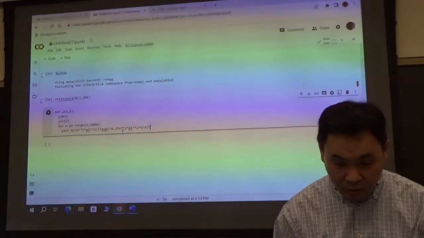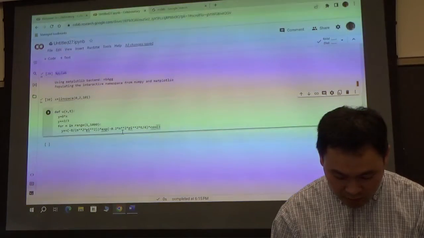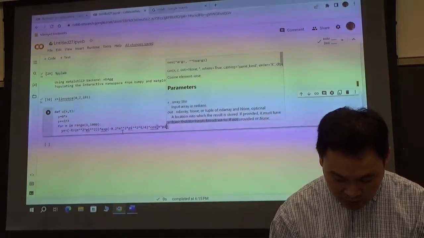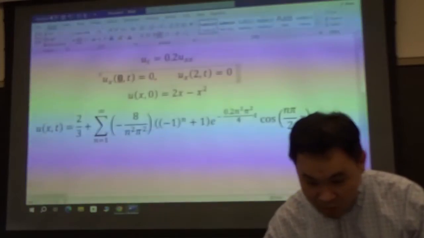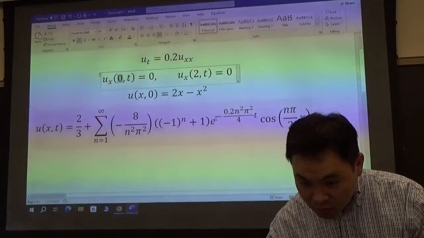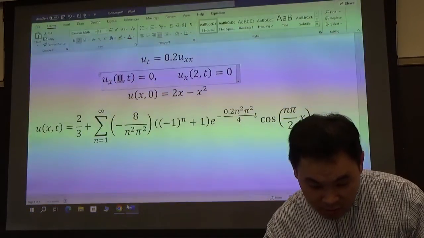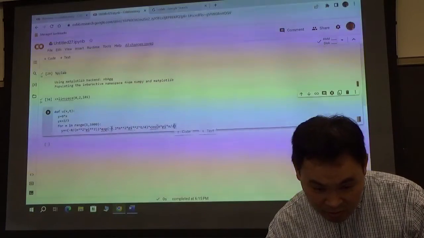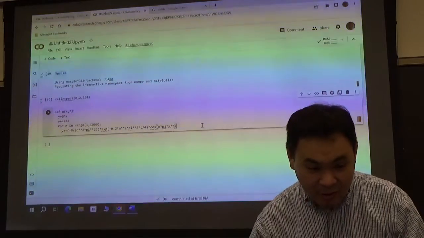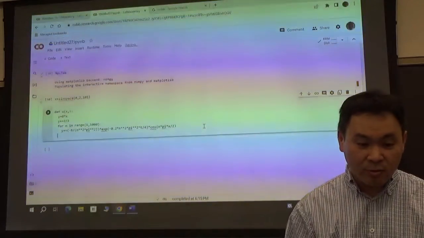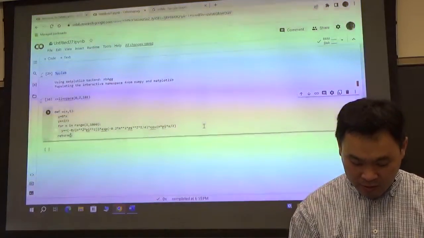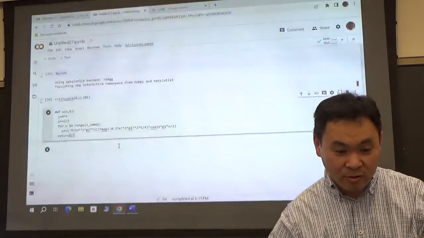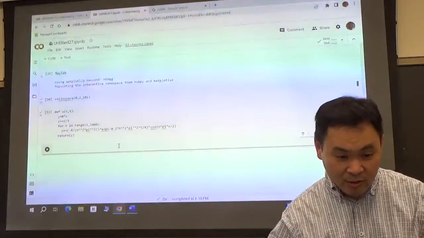Times cosine of n times pi times x divided by 2. I believe that's what it is. Yeah, n pi x over 2. Okay, maybe I forgot the negative sign. There's a negative sign. Okay, so I think this is it. And then after all that, we will make it return y, the y values.